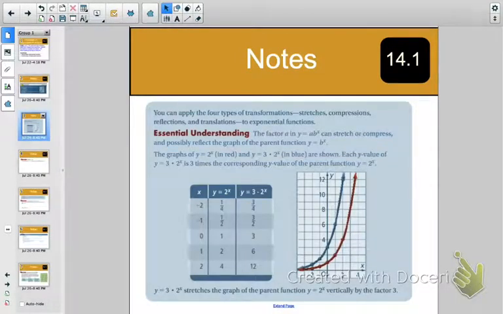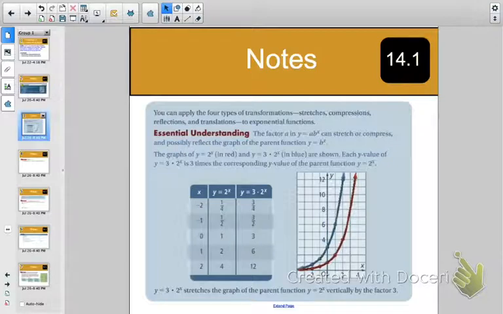So it says you can apply the four types of transformations: stretches, compressions, reflections, and translations to exponential functions. The factor a in y equals a times b to the x can stretch or compress and possibly reflect the graph of the parent function y equals b to the x. The graphs y equals 2 to the x, in red, and y equals 3 times 2 to the x, in blue, are shown. Each y value of y equals 3 times 2 to the x is 3 times the corresponding y value for y equals 2 to the x.